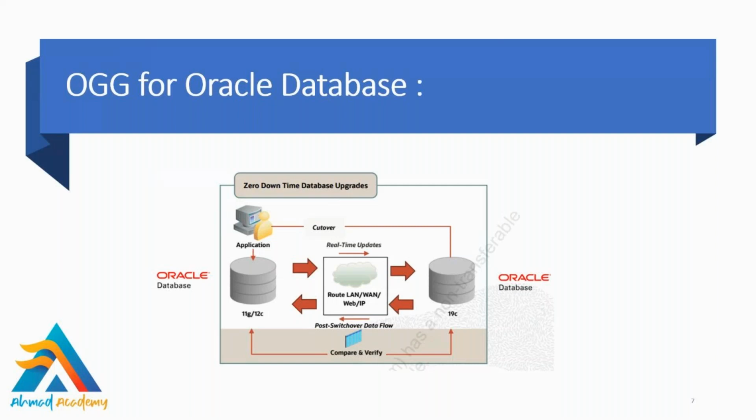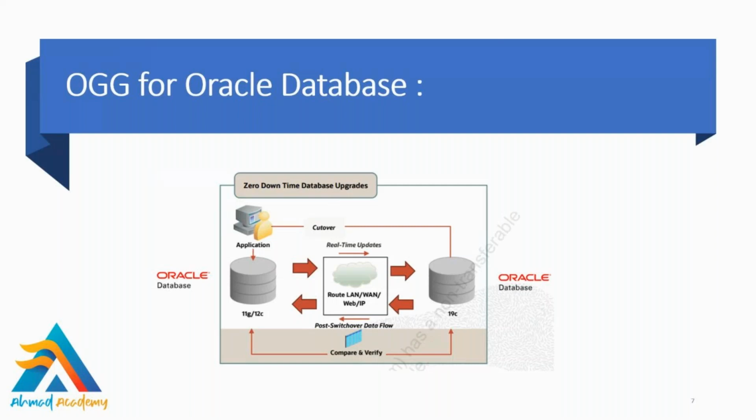Customers can also use the two database versions concurrently to make the upgrade completely transparent to the application user, as well as to validate data consistency. Oracle Golden Gate does not support Oracle 8i, 9i, 10g.